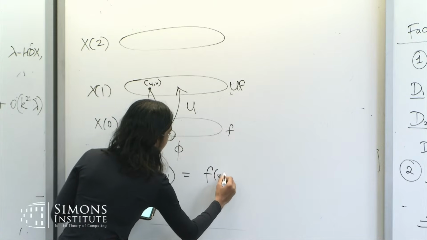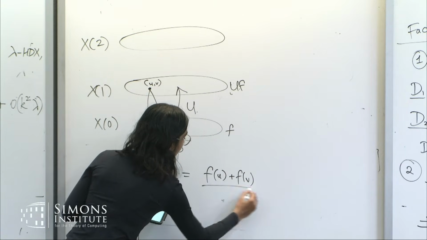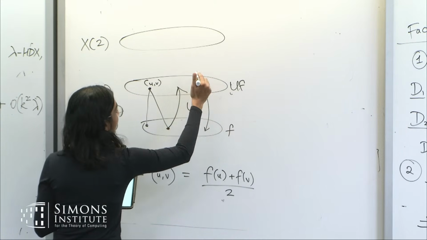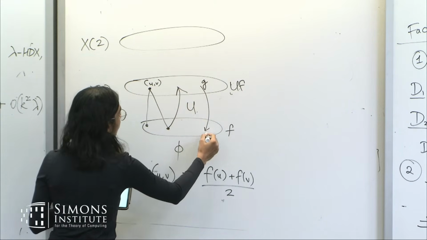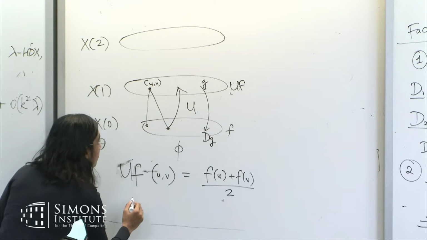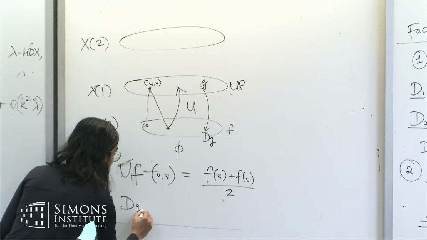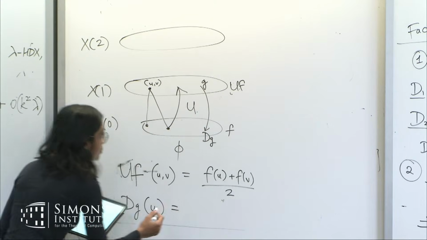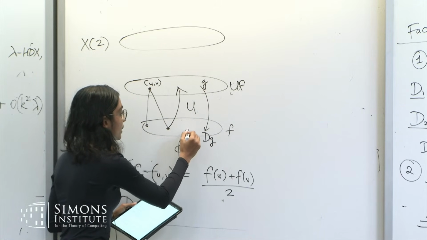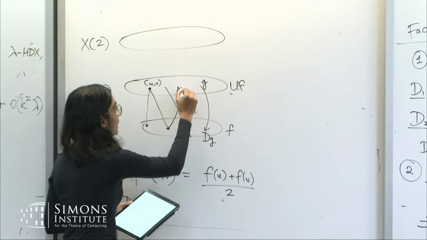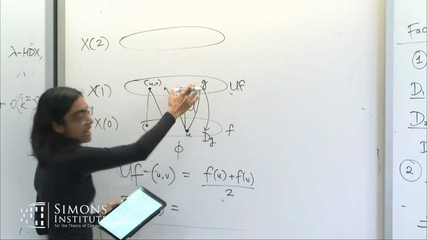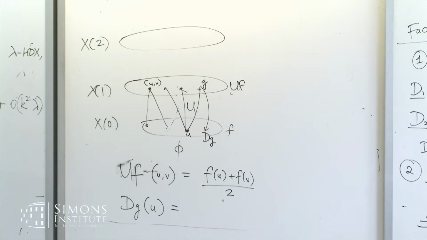So that's just going to be f of u plus f of v over 2. And a down operator that takes functions on edges down to functions on vertices. What this operator does is define a value on a vertex: the vertex looks at all its neighbors and averages according to the conditional distribution.